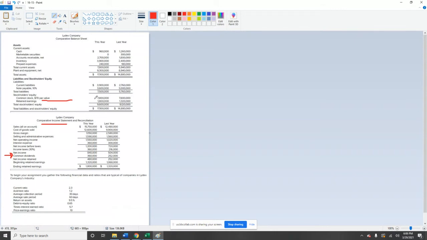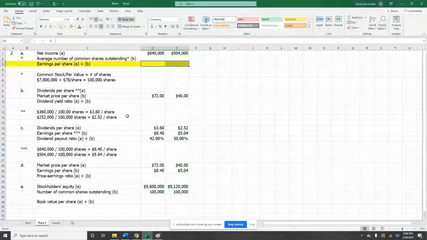And I can see that it hasn't. They haven't issued any, they haven't bought any. So here's $78 par value, and my common stock account balance is $7,800,000. So if nothing's changed, there's still the same number of shares outstanding.